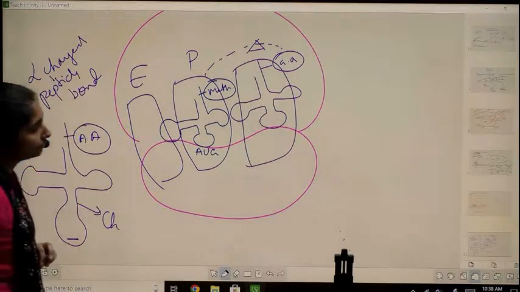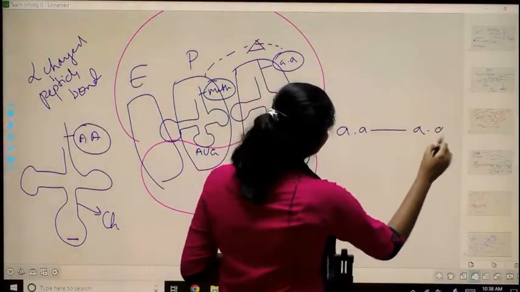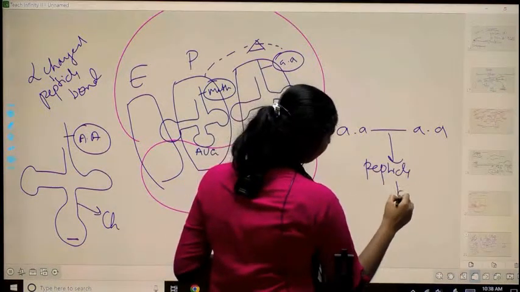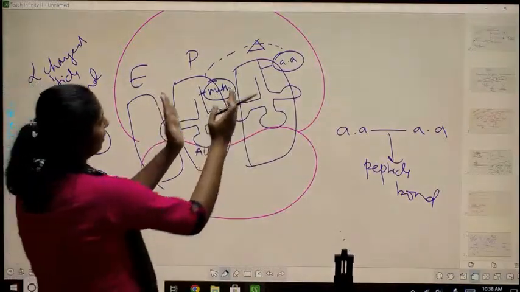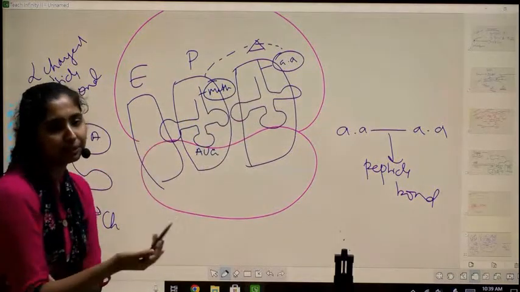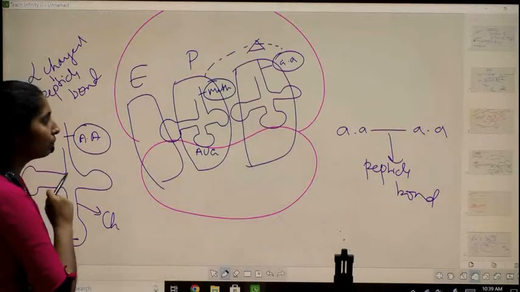We know that in proteins, amino acids are joined to each other with the help of a peptide bond. So when two charged tRNAs are very close to each other, their amino acids form the peptide bond. When this peptide bond is formed, what will happen?